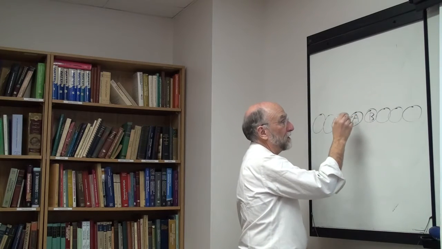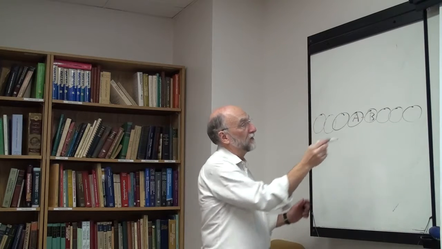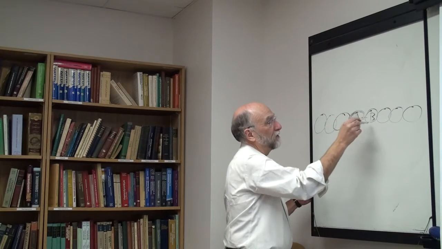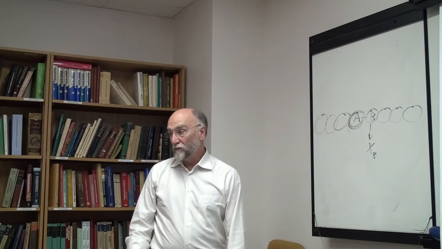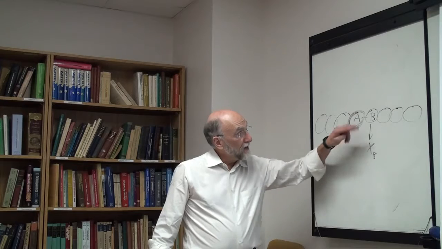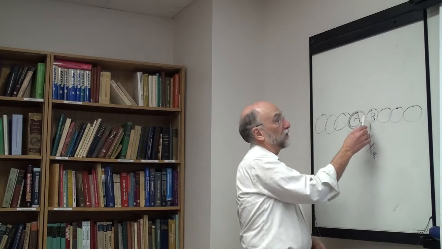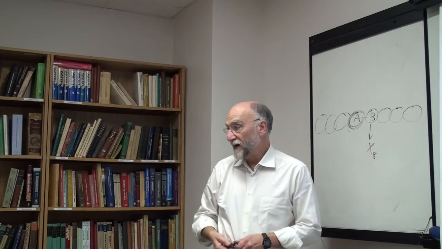Short-range order would mean that if you have a central atom A, it's more likely to have a B next to it. In a completely disordered system, the probability of a B here would be the mole fraction of B. If it is greater or less than that, then you have short-range order. But of course the short-range order is short-range. It disappears very quickly as you go across the lattice.